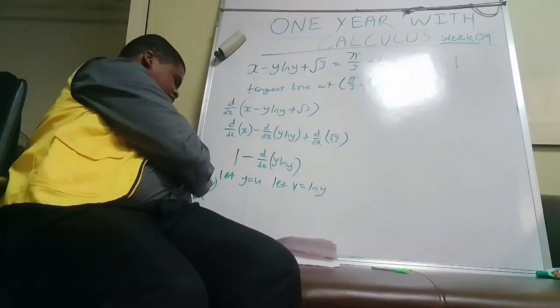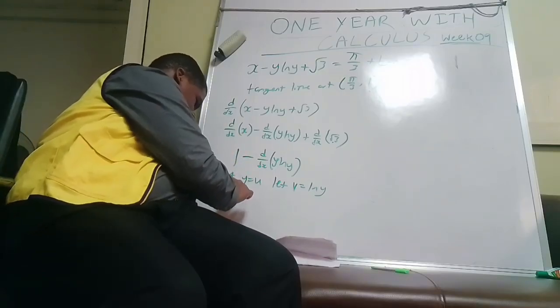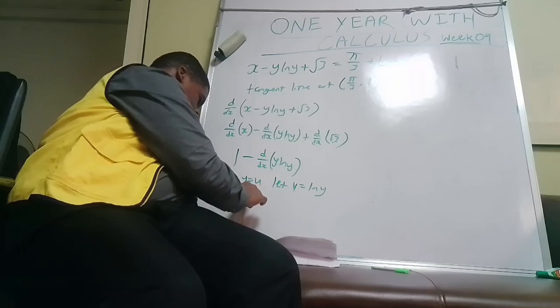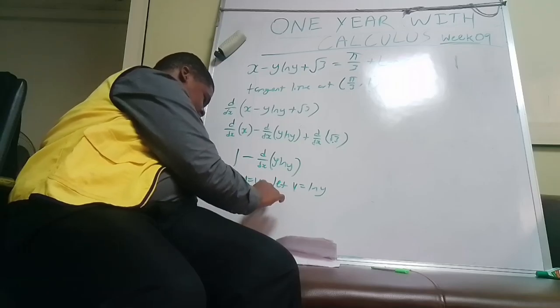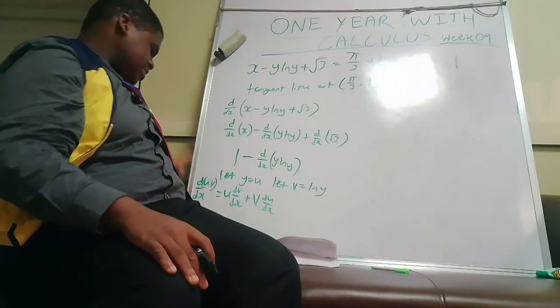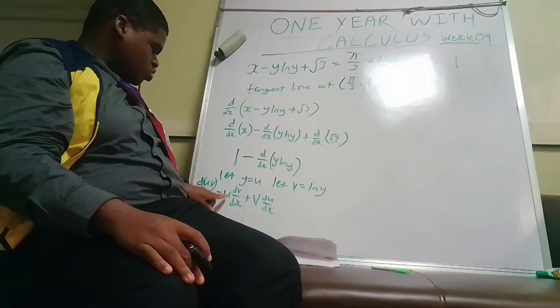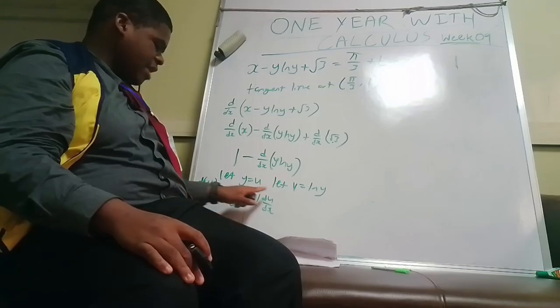But remember, the derivative of u times v with respect to x is equal to u times dv dx plus v times du dx.